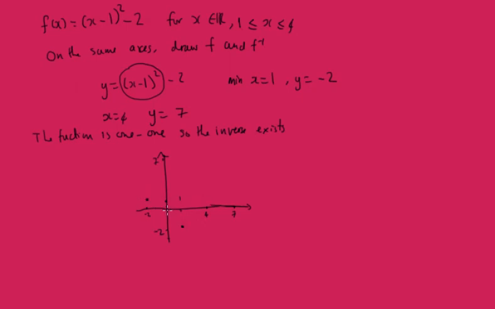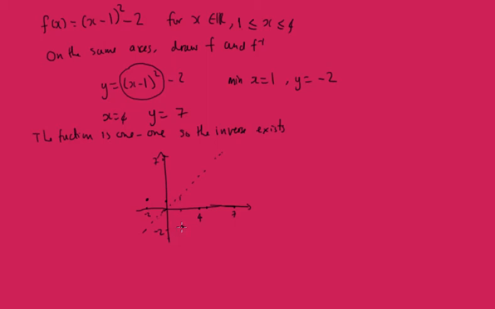Then we're going to draw our y equals x line, and then we've got 4, and I'm going to make 4 move in a bit. Here. 7's over there, and 7's up there.